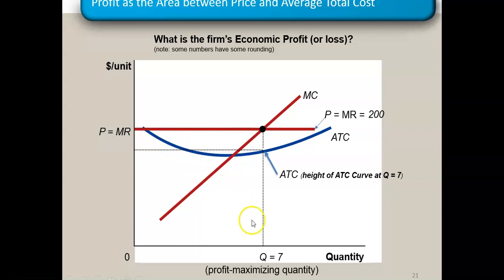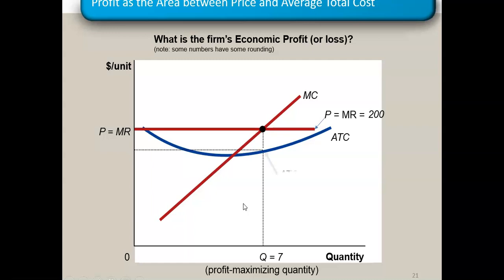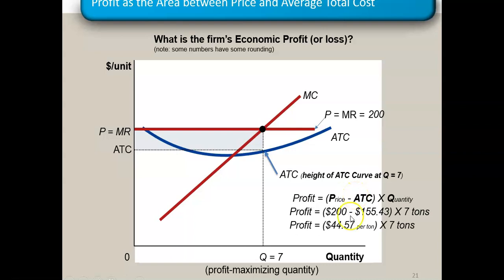But I'm looking at where that imaginary vertical line from a quantity of 7 hits my average total cost, because at a quantity of 7, the average total cost is $155.57. So if I do that calculation, the price of 200 minus the 155.57, I get a profit per unit of the difference, 44.43, times a quantity of 7. And that's that box.